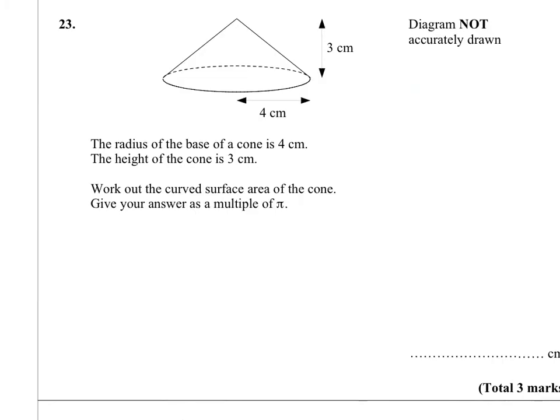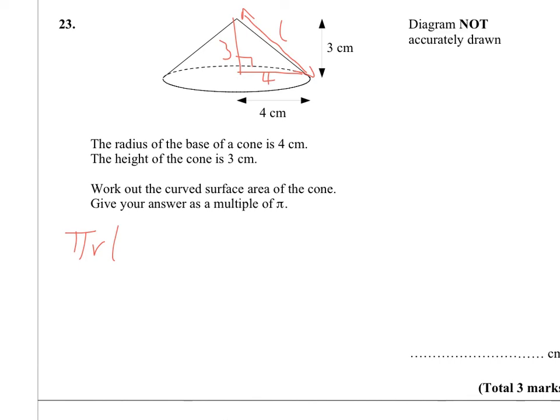Okay, this question involves the curved surface area of the cone, and if we look in the front of the paper, that gives us that as pi R L, with L being that length there, which I'm not given. I'm given R, the radius is 4, I'm given the height is 3, but I'm not given that sloping side L. So I'm going to use Pythagoras to find that.